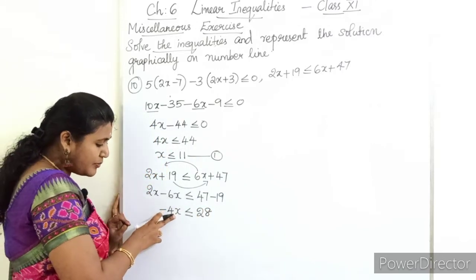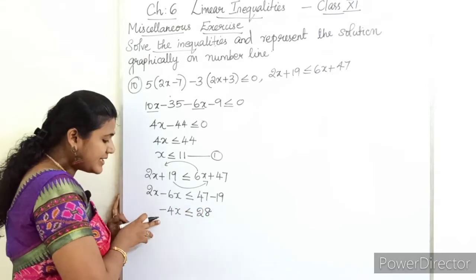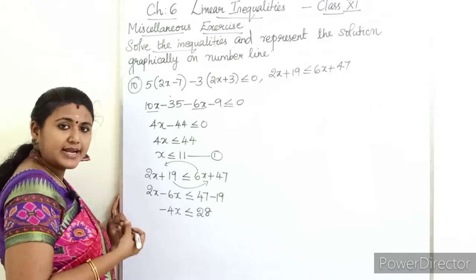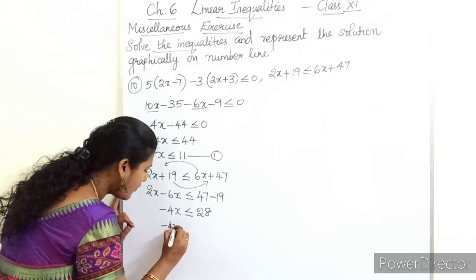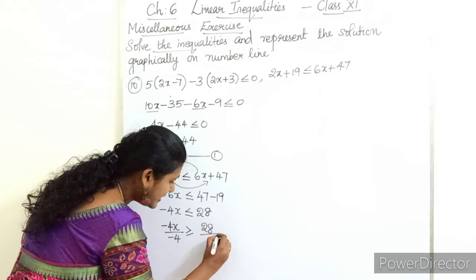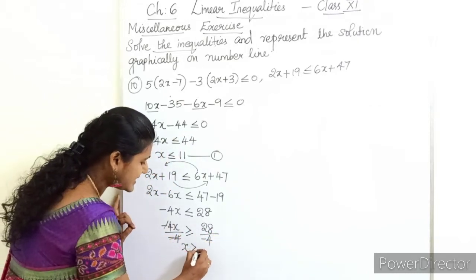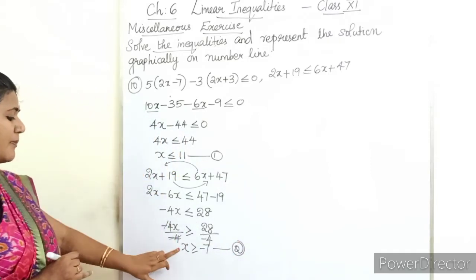Now we have to make the coefficient of x equal to 1. For that we will divide the inequality by minus 4. When we divide by a negative integer, the inequality sign will change. So minus 4x by minus 4 greater than or equal to 28 by minus 4. When you simplify, you will get x is greater than or equal to minus 7. This is inequality number 2.